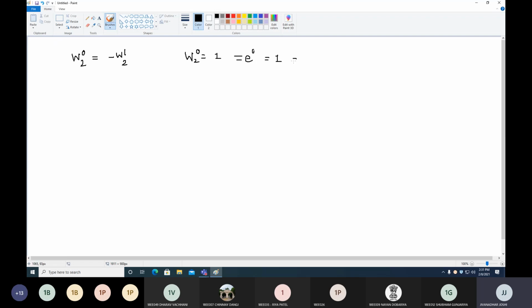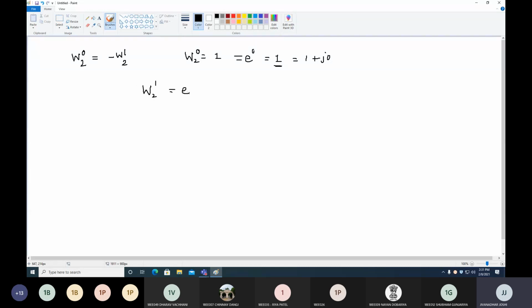You can also write it down as 1 plus j0 or 1 minus j0, but ultimately it is 1. Do you agree with this? Yes, sir.